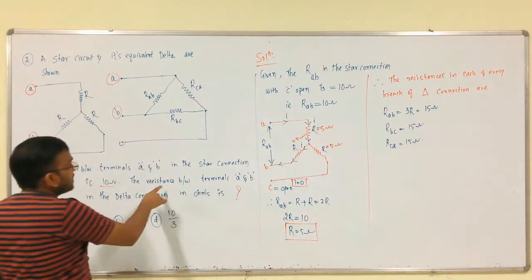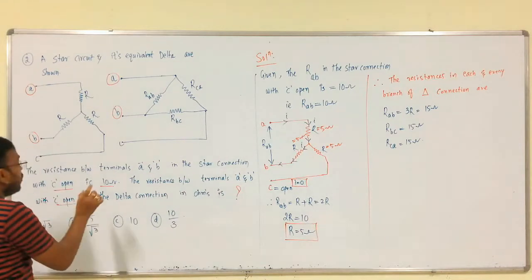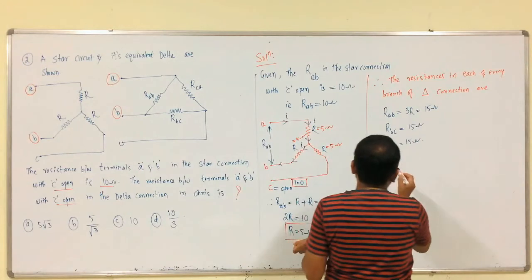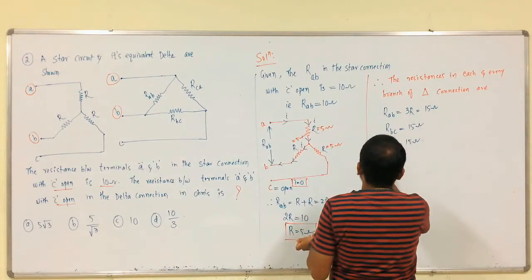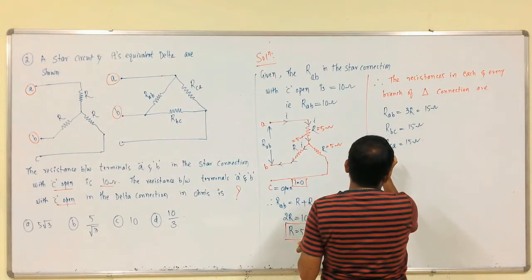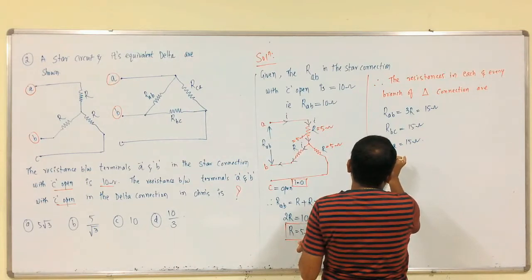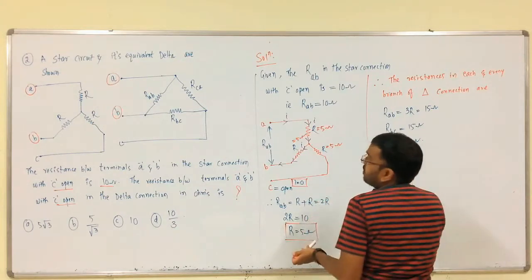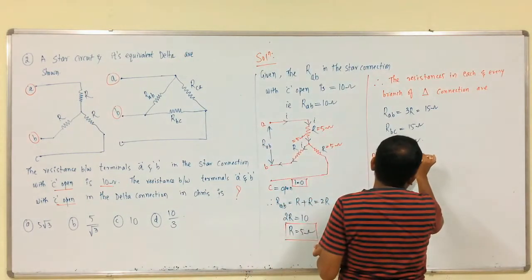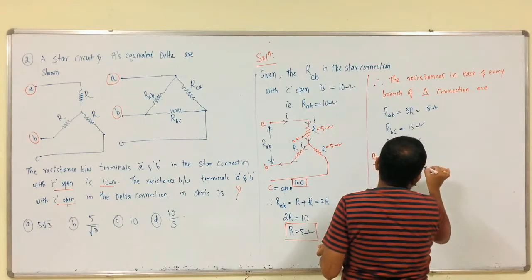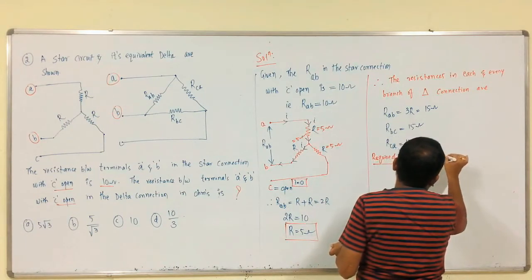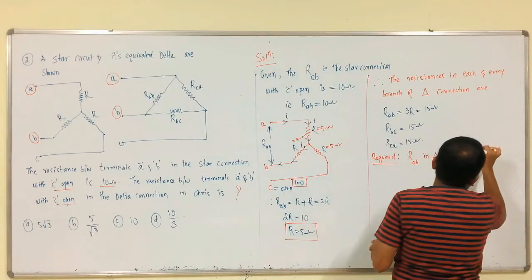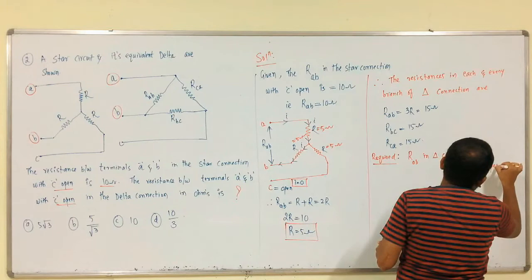Then we have to calculate the resistance between terminals A and B with C open. Therefore, what is required? RAB in delta connection with C open, right.